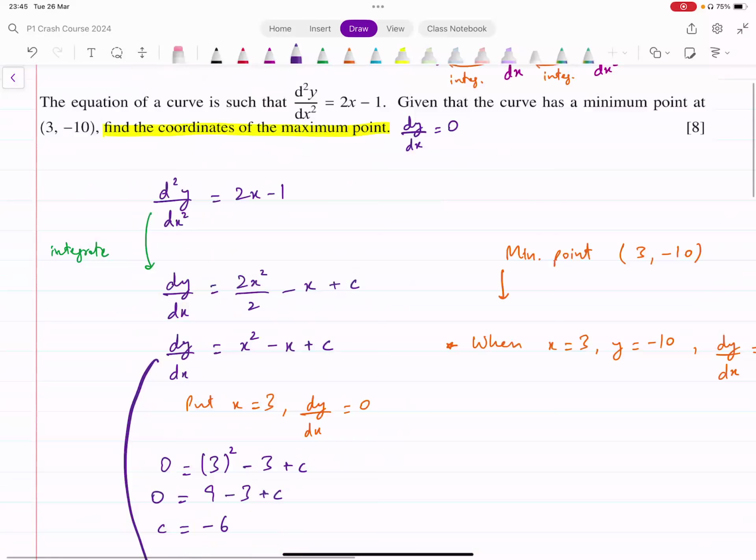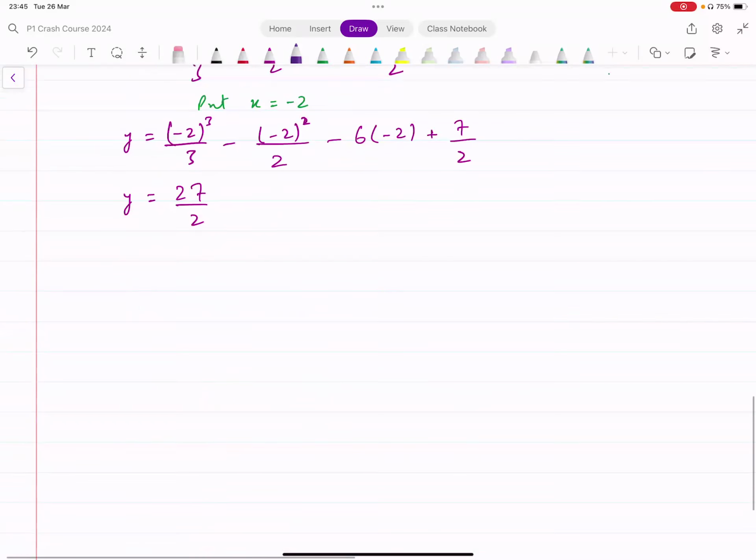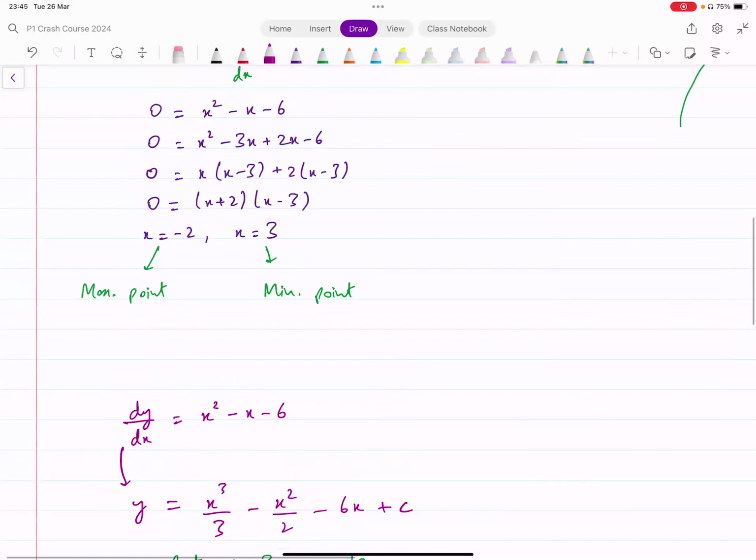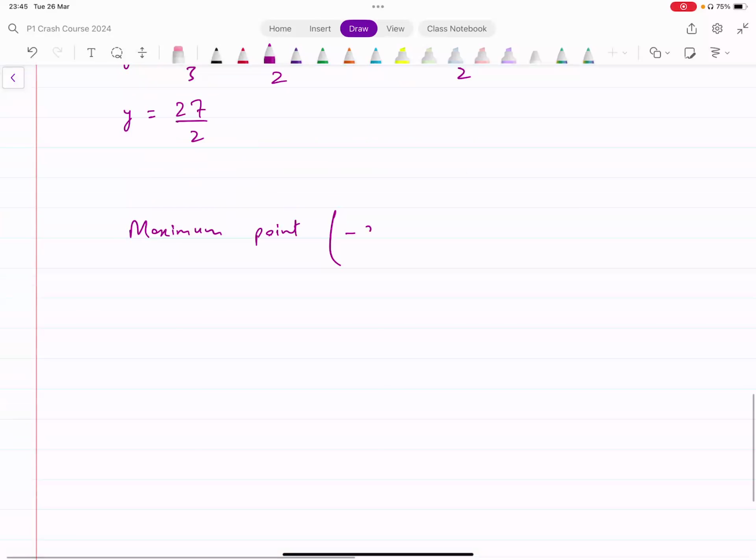Because it was a long working, there might be some plus minus error somewhere. So if this working is correct, as in if there's no careless error, what we get at the end is that the maximum point is supposed to be negative 2 and 27 over 2.